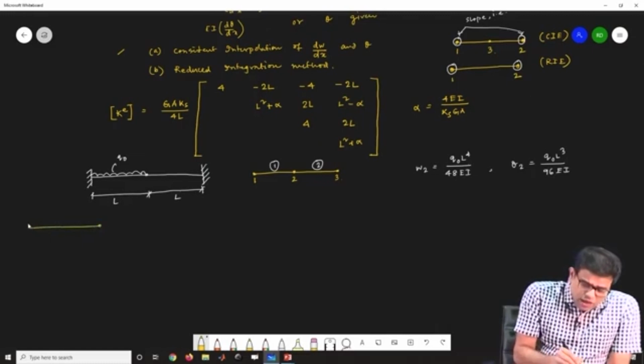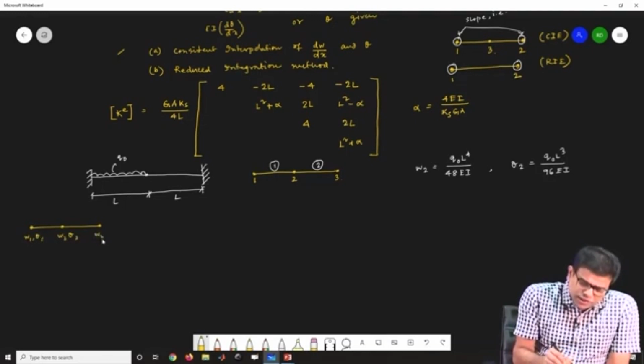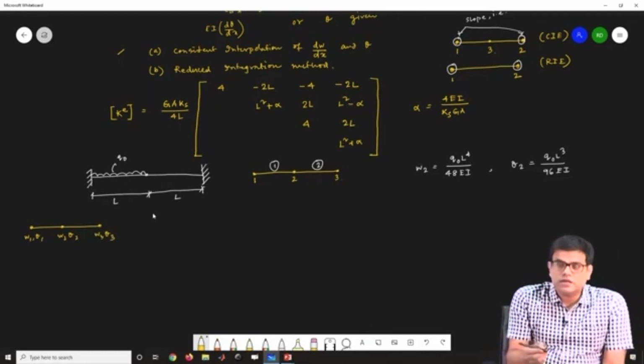So this is my Timoshenko element, the same way that I did, that is W1 theta 1, W2 theta 2 and W3 theta 3. First let us do the reduced integration element.